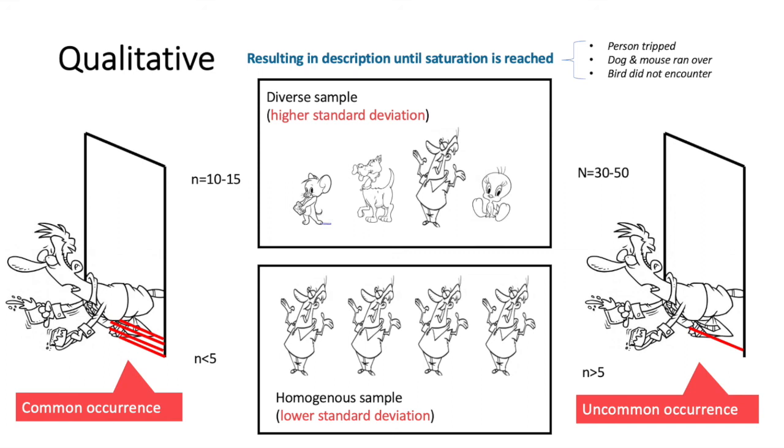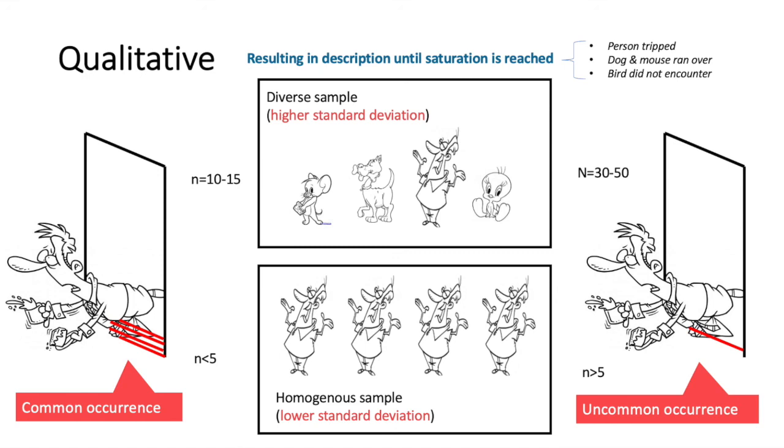Just like in the quantitative example, we're going to see data saturation pretty quickly with the homogeneous sample going through the high threshold. We're going to see the trip over and over again very quickly. In our diverse sample, it's going to take more creatures going through the door to start seeing data saturation.